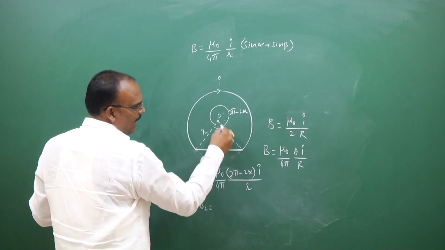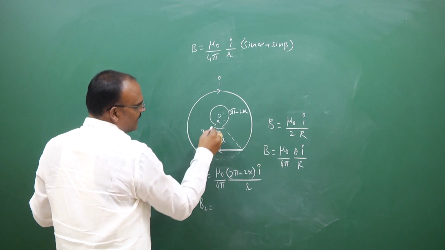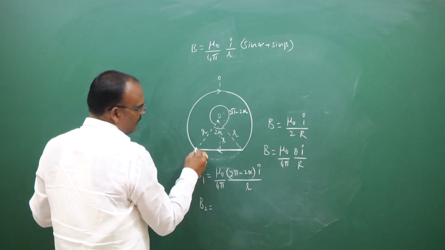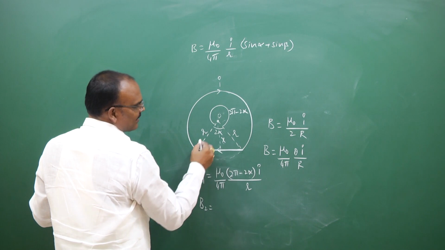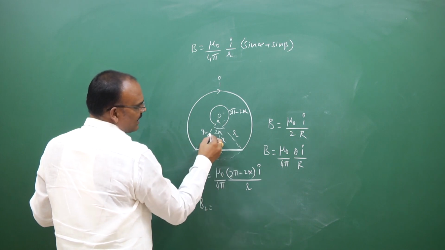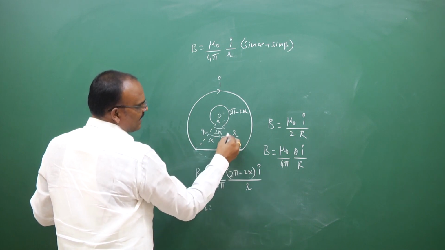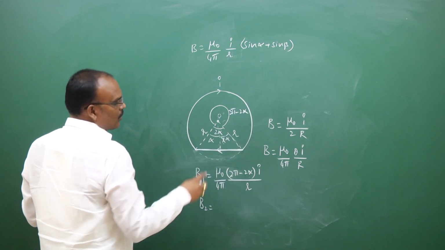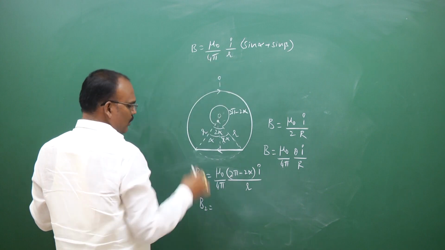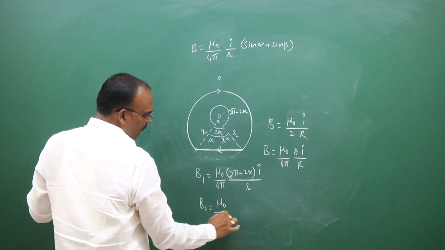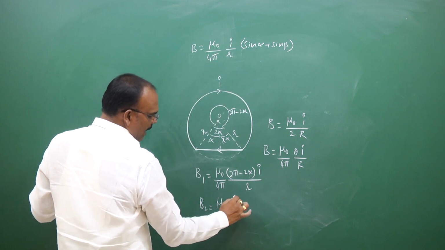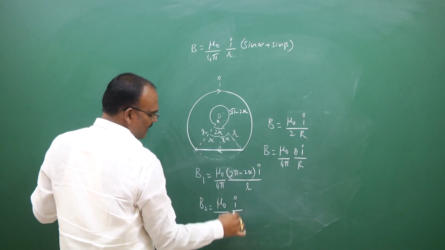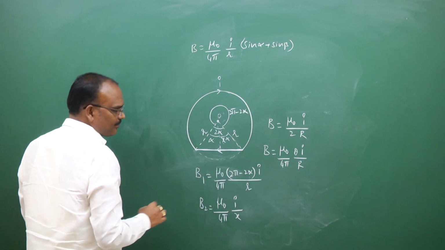Here total angle is alpha. See, this is radius, this is also radius, so it forms an isosceles triangle. So that's why this angle is alpha, this angle is also alpha. Alpha is alpha, beta is also alpha. So I am going to substitute mu naught by 4 pi I by x, not R, x.